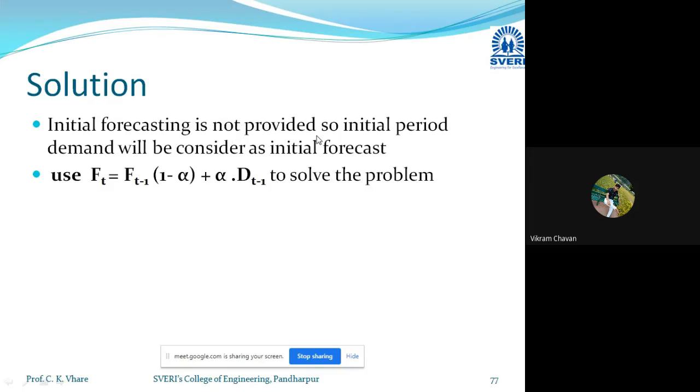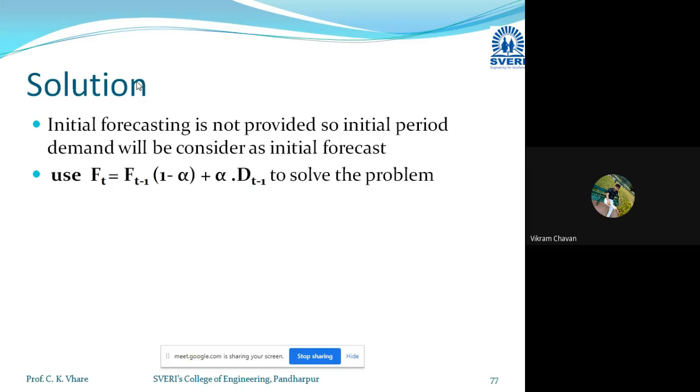Note down this point, please everybody. If the initial forecasting is not provided, in that case initial period demand will be considered as the initial forecast in case of exponential forecasting.